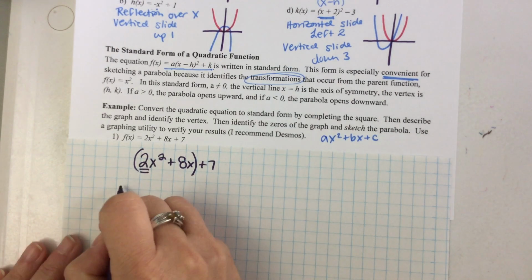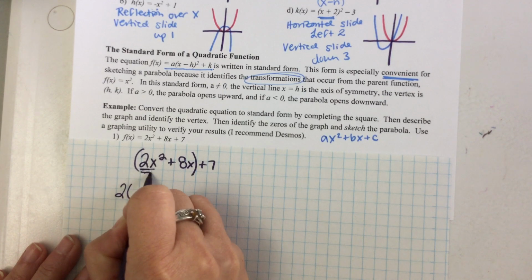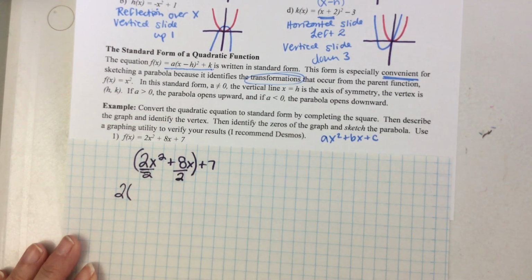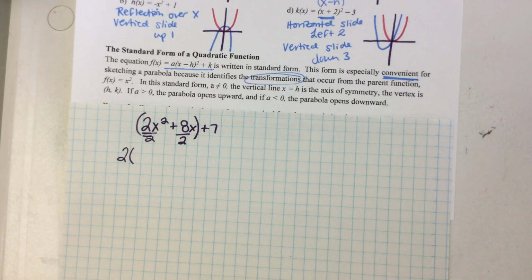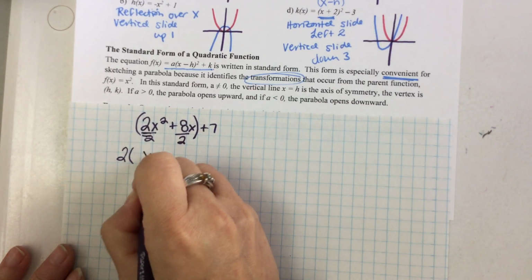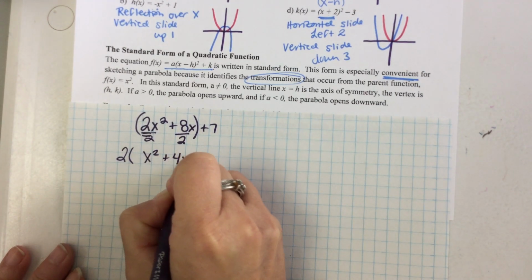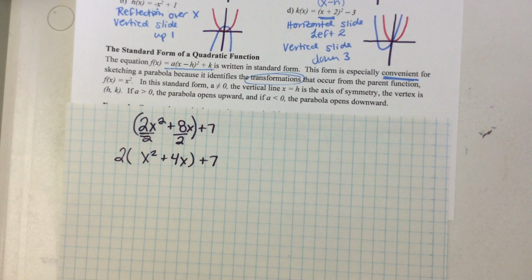This is not a 1. So what I need to do is divide the 2 out. Now, you only divide the 2 from the 2 terms that are in the parentheses. Okay, so I'm just taking out that 2. It does not go to the 7. This becomes x squared plus 4x plus 7.